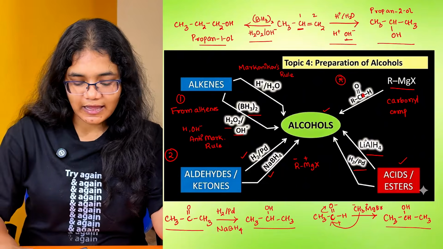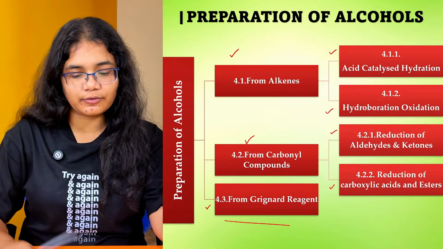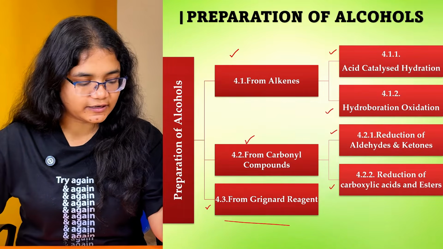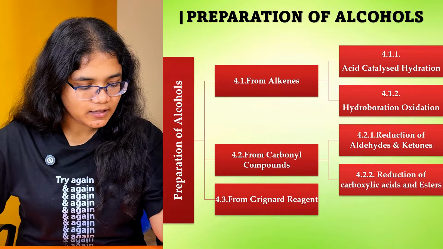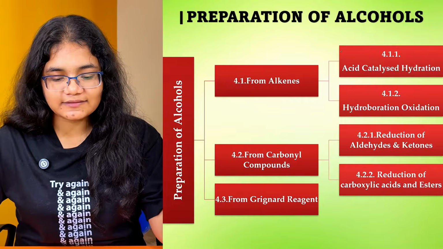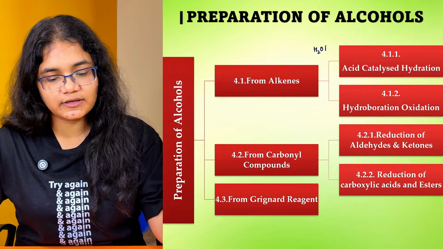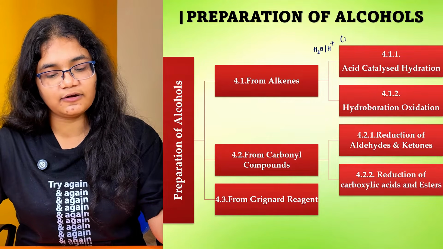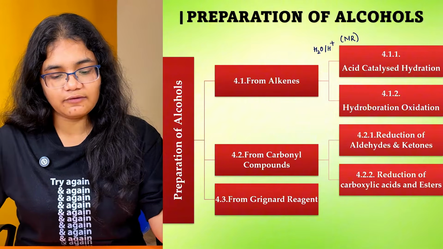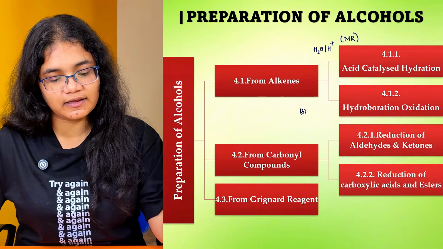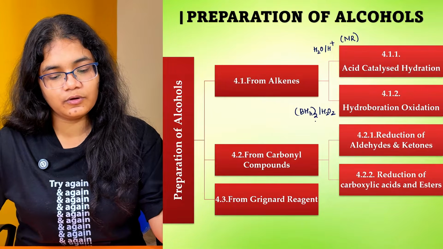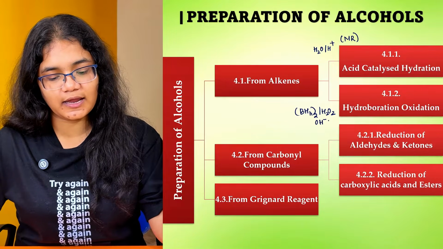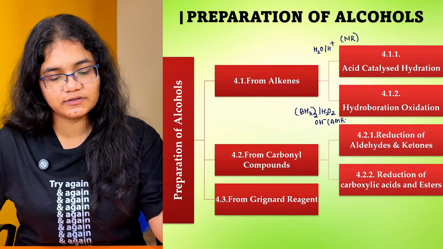Clear? So we have understood 4 methods. Now let us have a quick revision based on this table. From acid catalyst, the reagent is H2O, H plus, and it follows Markovnikov's rule. For hydroboration oxidation, we have BH3, then H2O2, OH minus, and this follows anti-Markovnikov's rule.